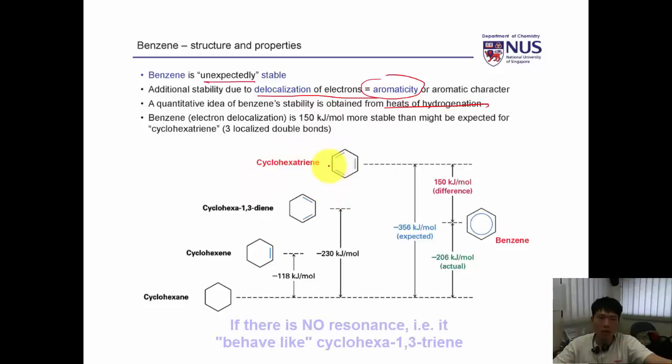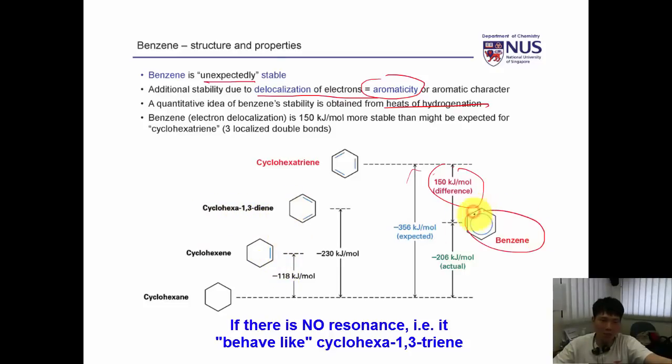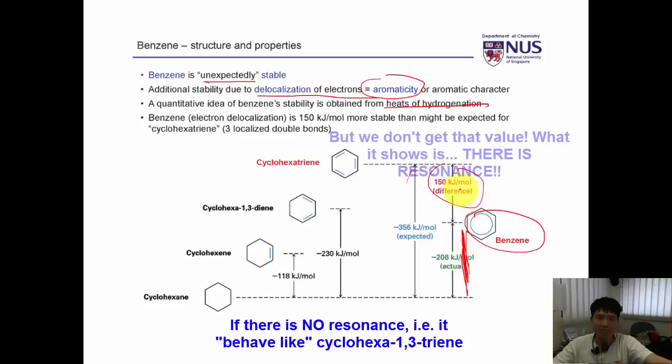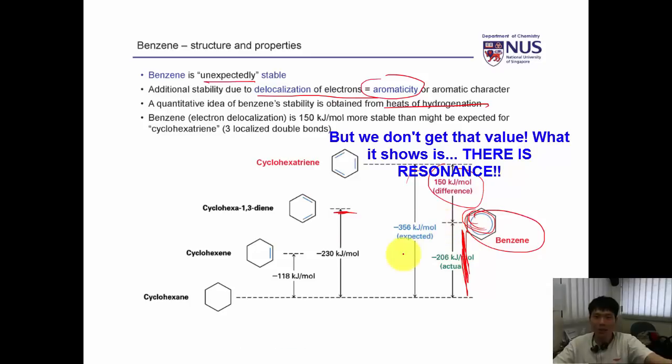And we see that here, benzene, we got this value here, which we expect coming from the test on cyclohexa-1,3-diene and cyclohexene. But in reality, we don't. We get this position. What does that tell you? That means it's much more stable than the diene. And there must be some reason to explain that, right? And we did.